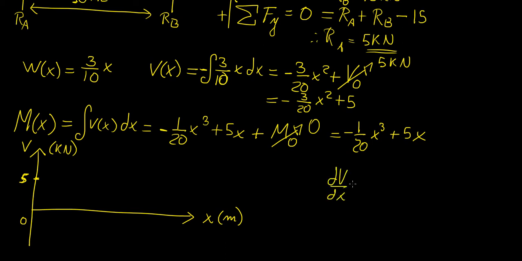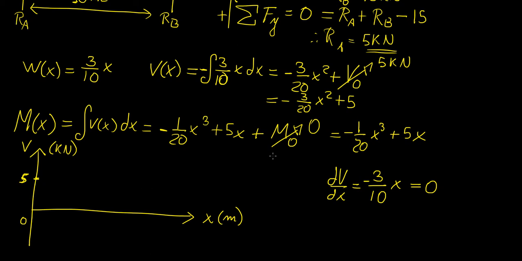So that's going to be minus 3 on 10 x plus nothing. So in this case, we know that the maximum is just going to occur at the origin. And that's not unexpected because if you look at the equation here, that's just a parabola that is symmetric about the origin.